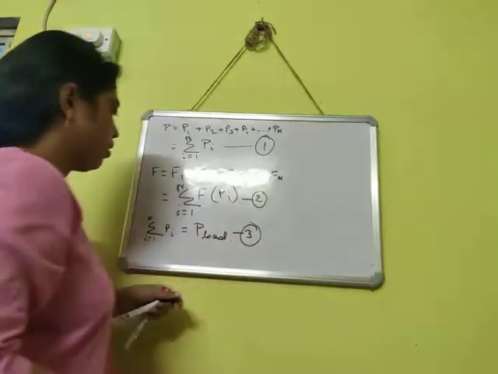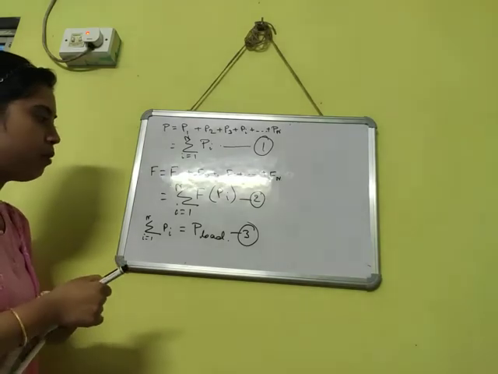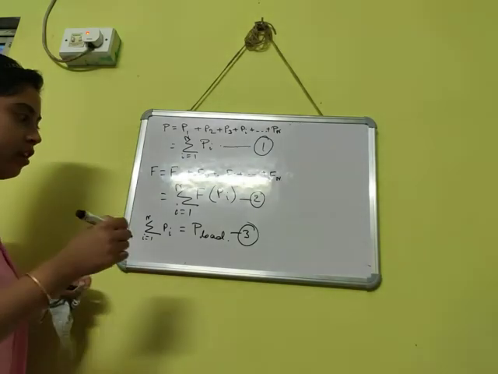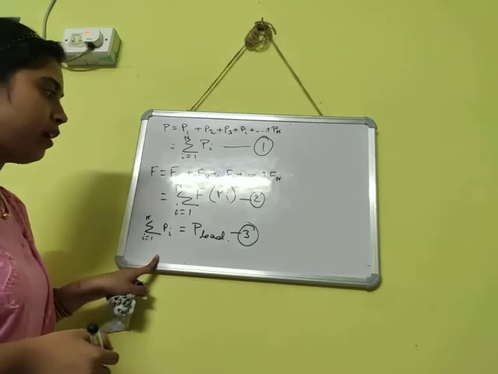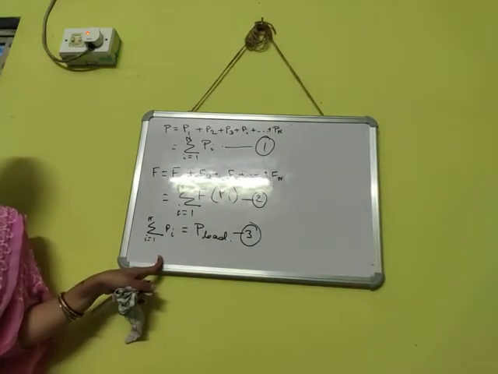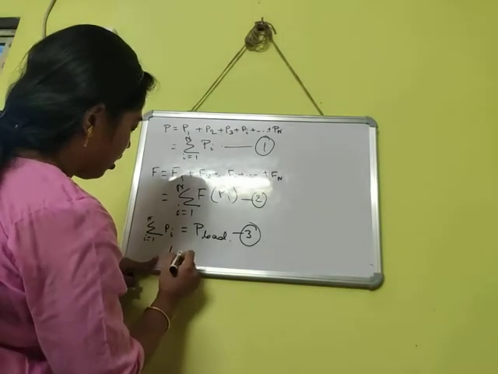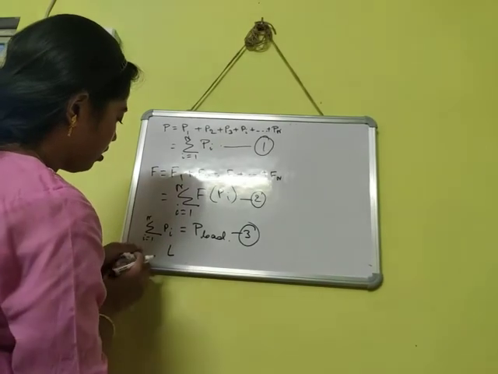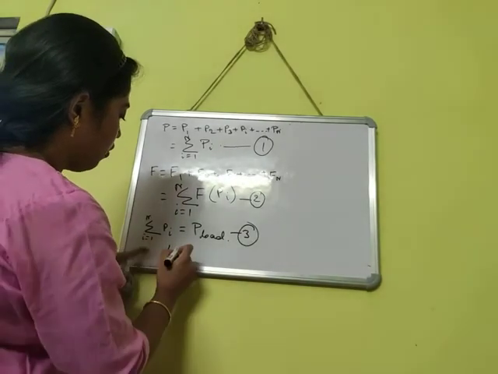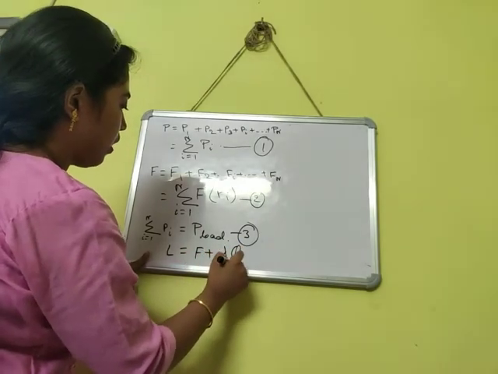The next target is how we will minimize the cost function. For that, we will apply the Lagrangian multiplier technique. According to the Lagrangian multiplier technique, L equals F plus lambda phi.